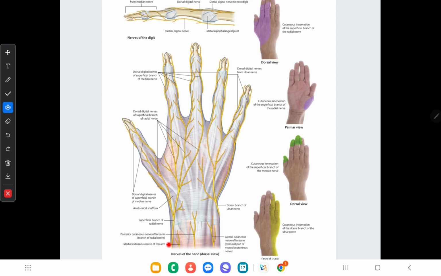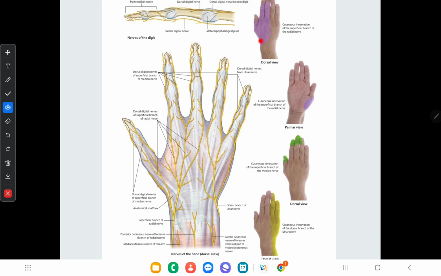Here is the superficial branch coming from the anterior aspect of the forearm. Then it divides into terminal branches and supplies the skin on the lateral two-thirds of the posterior surface of the hand. Here, in the dorsal aspect of the hand, it supplies the posterior two-thirds of the hand. You can see in this picture as well.